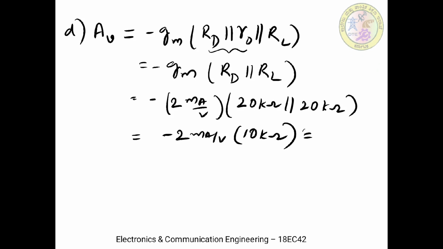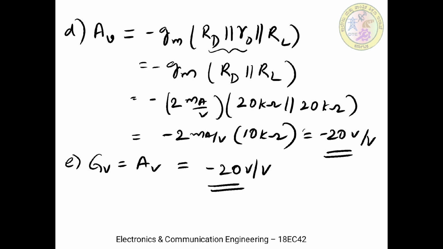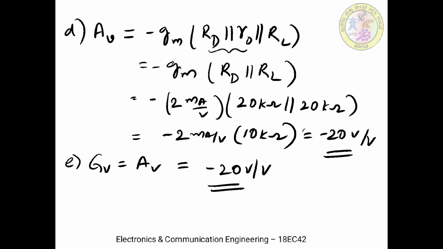That gives us around minus 20 V by V. So AV is equal to minus 20, and the last one, GV, will be equal to AV only because Rin is infinite, and because of that Vi will be equal to VSIG. When Vi equals VSIG, both the gains will be same. So GV will also be equal to minus 20 volt by volt. This is the first part of the given problem.